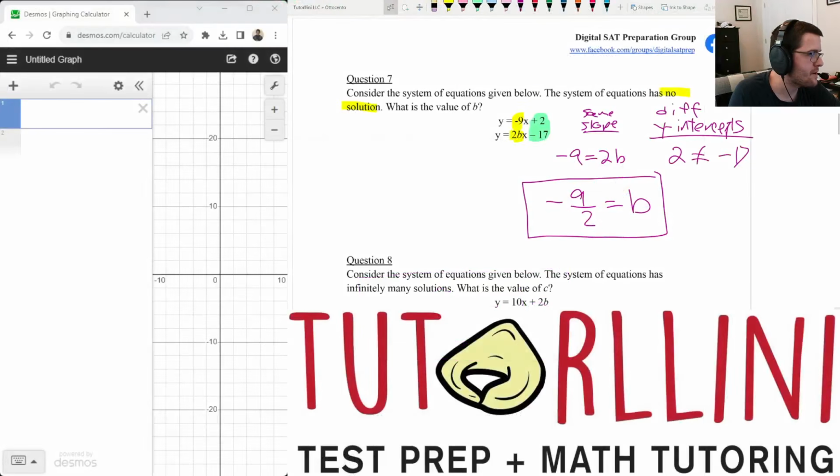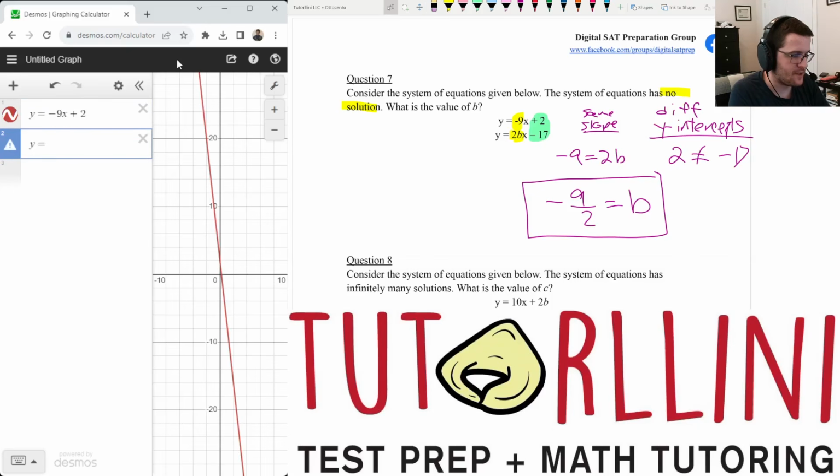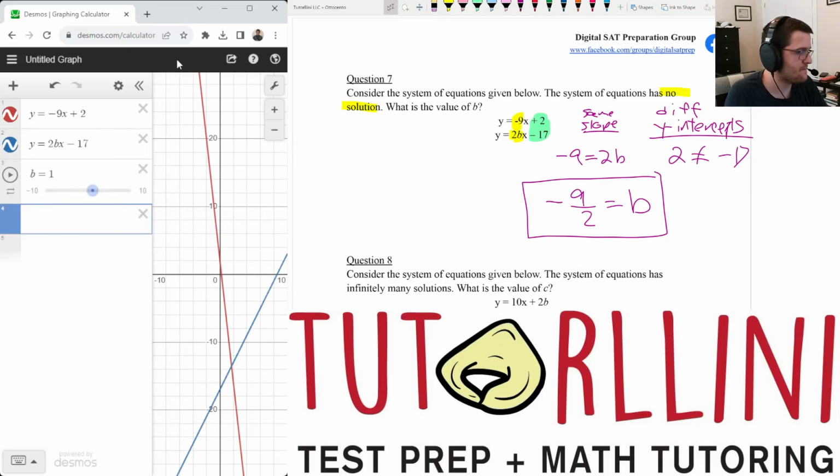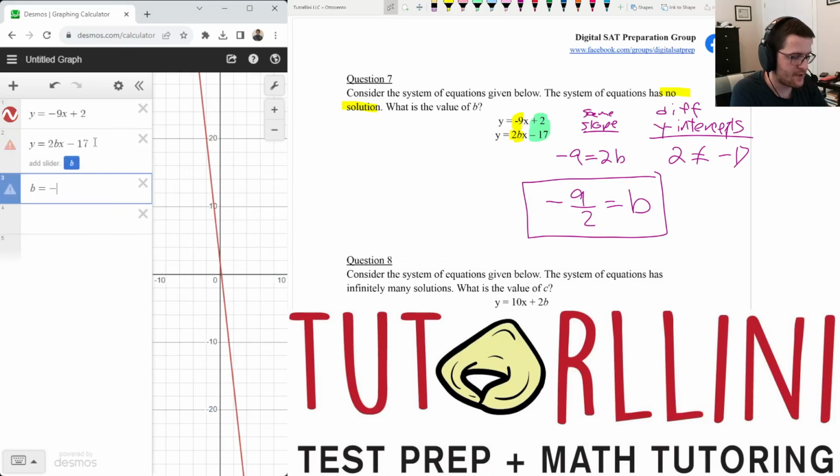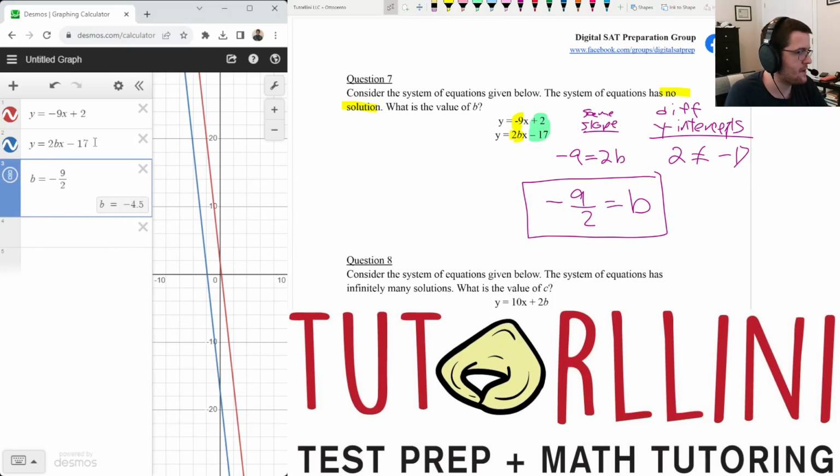So we're going to come over here. We're going to do y equals -9x plus 2. And then we're going to do y equals 2bx minus 17. And we're going to type in our answer, -9 over 2.